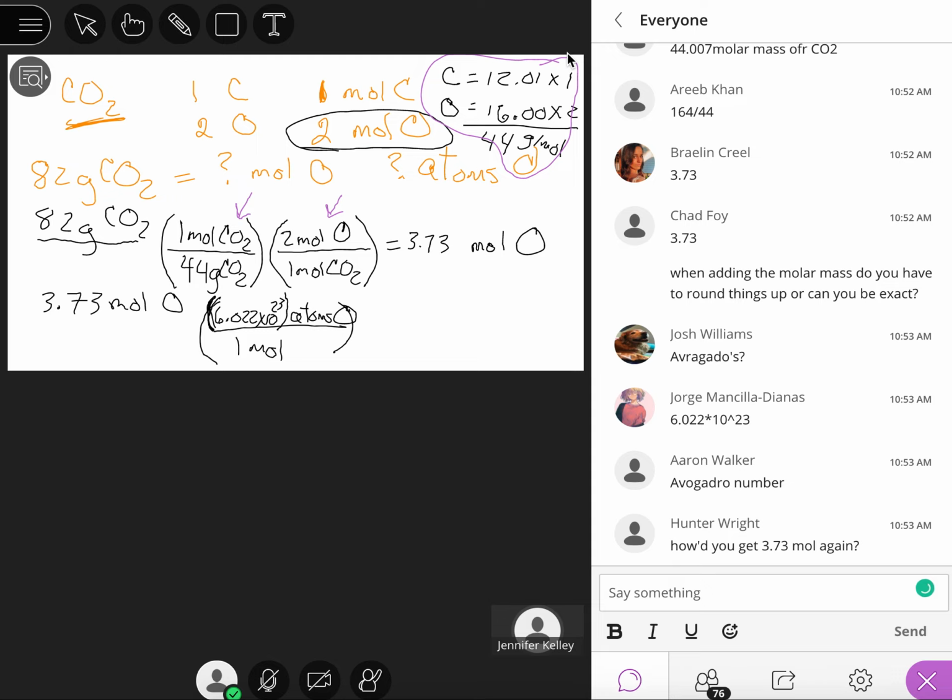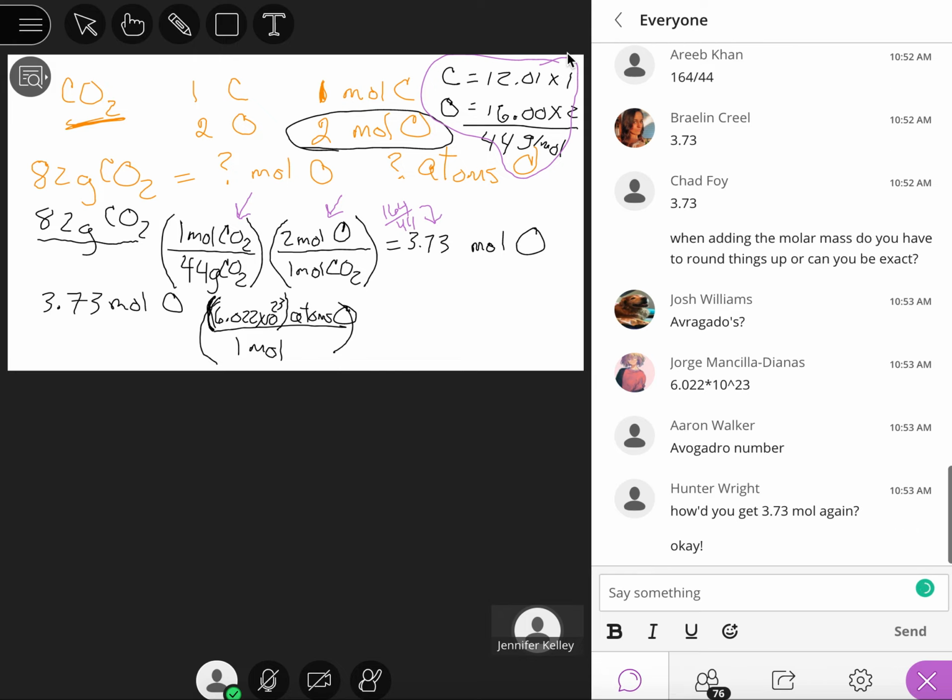And so we're going to multiply 82 times 1 times 2. So that gives us 144. No, not 144. 164. And then on the bottom, it's 44 times 1. So we divide by 44. And we put it in the calculator, and we get 3.73 moles. All right.